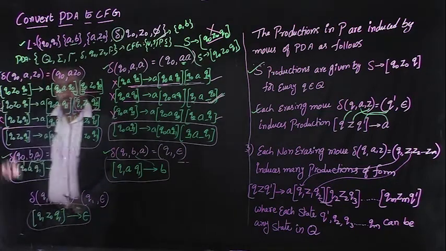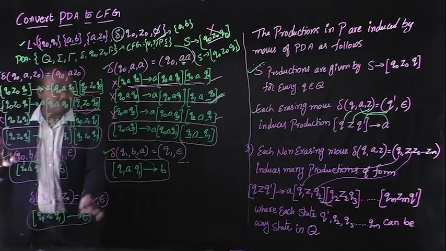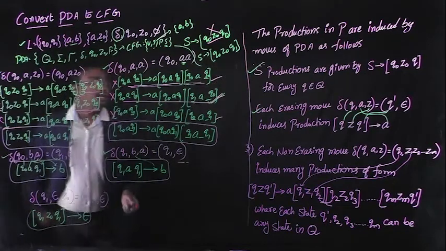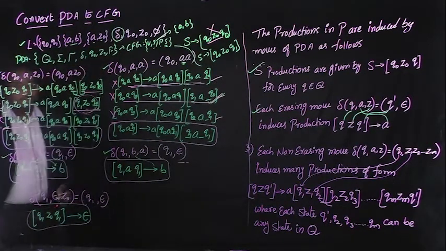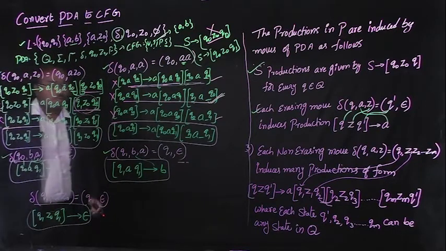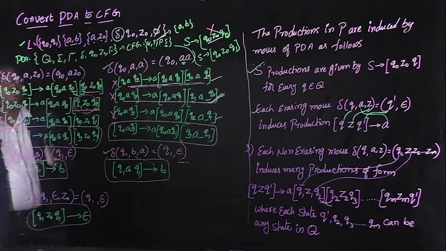So total 1 2 3 4 5 6. So total 6 production rules we have to form this PDA.